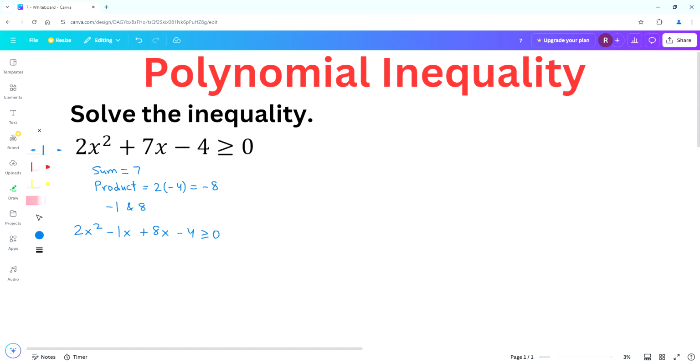Now we have to use the grouping method to factor this expression. We should pair the first two terms and the last two terms and do common factoring from each pair. From the first pair, 2x squared minus 1x, we can factor out an x. And from the second pair, we can factor out a 4.